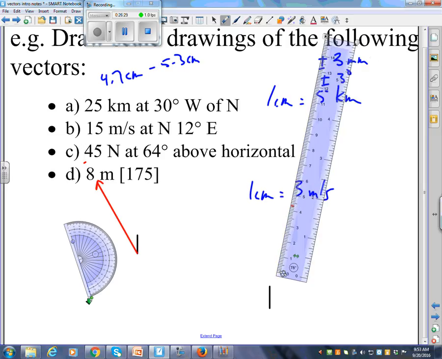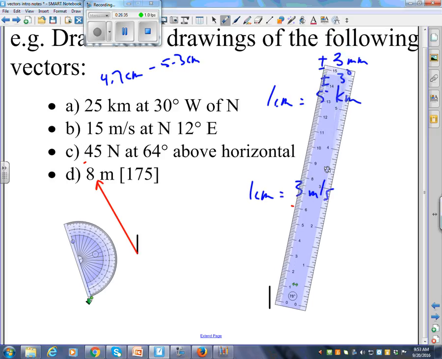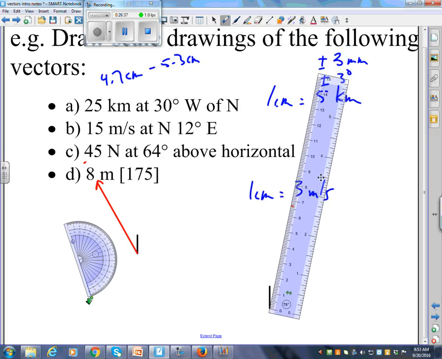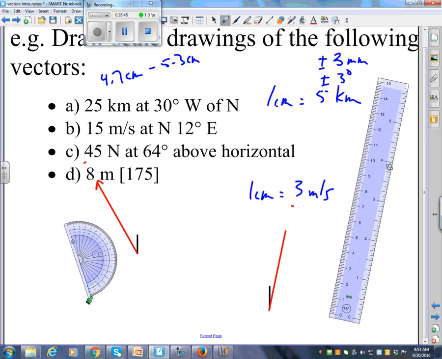Now you'll notice my ruler down there, it gives me a number, so that should be 12 right there. So I can do this. It's not north. This one is 45 newtons, and I did that on purpose. 45 newtons of force at 64 degrees above horizontal.